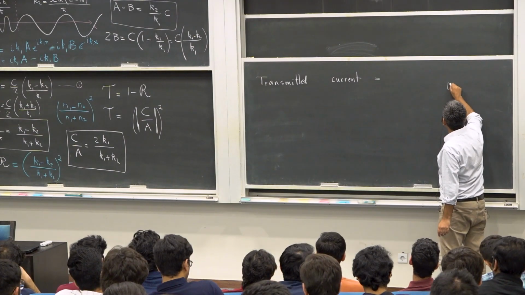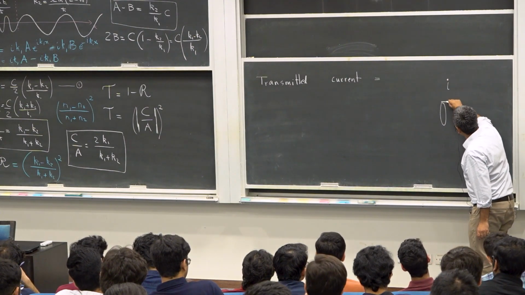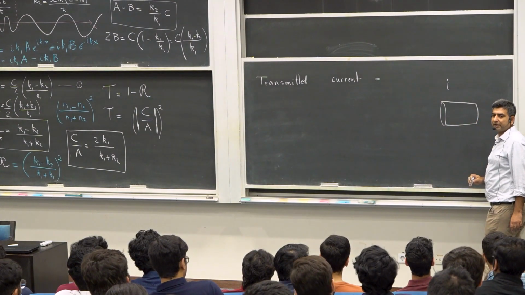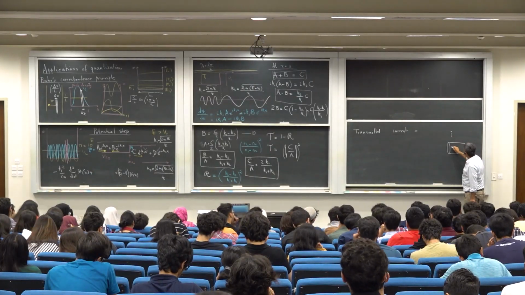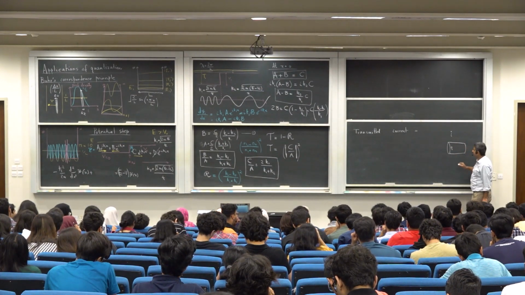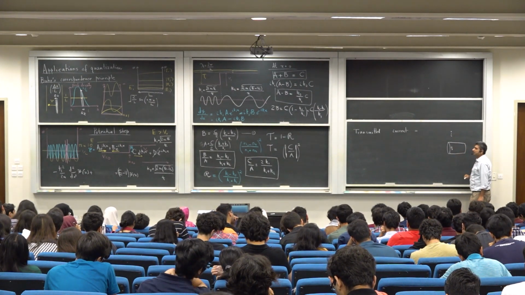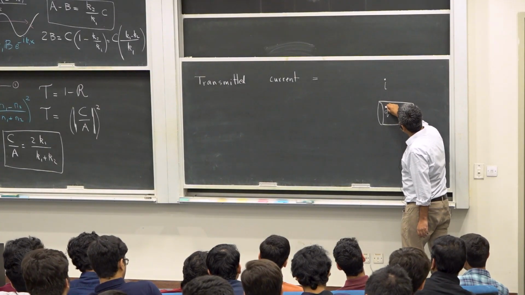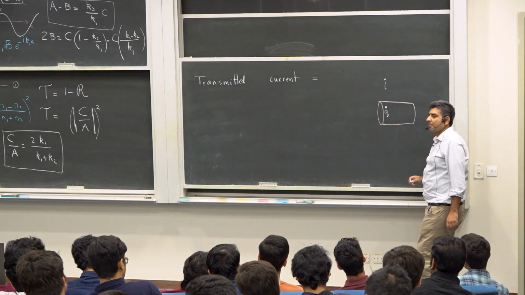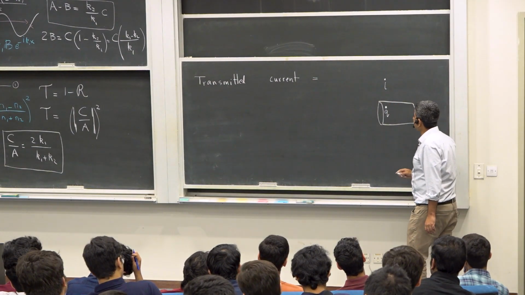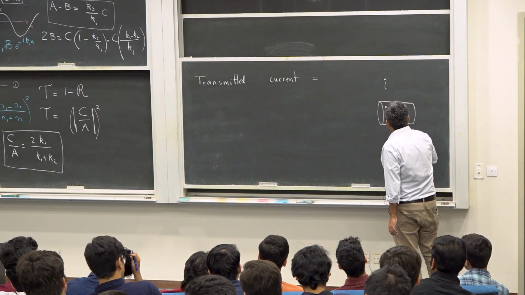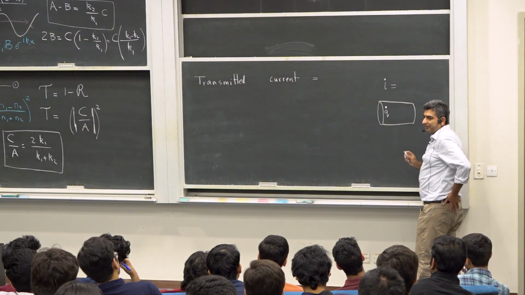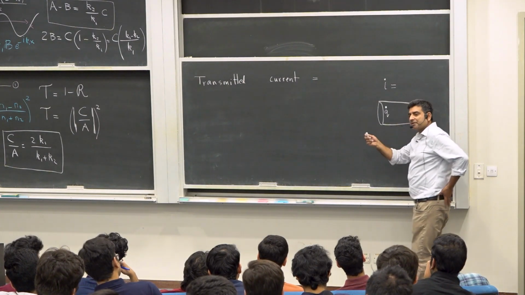Any current: I take a wire. If I were to take a wire, there is some charge Q, where Q is the charge on an electron. And then if I were to find out the current, what is the current? Charge per unit time.